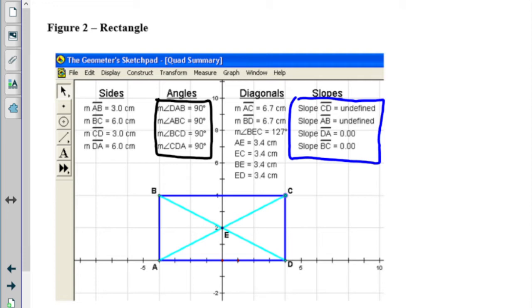And so all the things that were true about a parallelogram are going to be true about this rectangle. You'll notice that the opposite sides are congruent, both 3 and both 6. You'll notice that the diagonals bisect each other. But a new thing is happening with the diagonals, which is that the diagonals are congruent here.